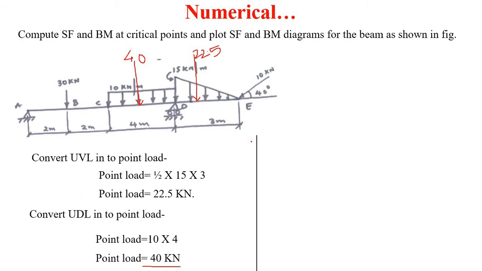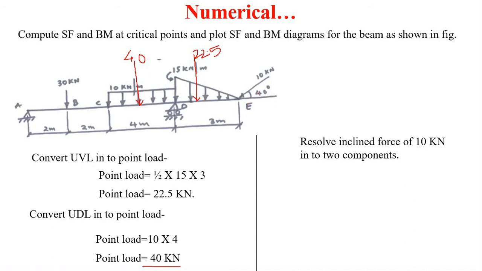Then after this, a 10 kilonewton inclined load is given. So we have to convert this 10 kilonewton inclined load into two components, one horizontal and the second vertical.